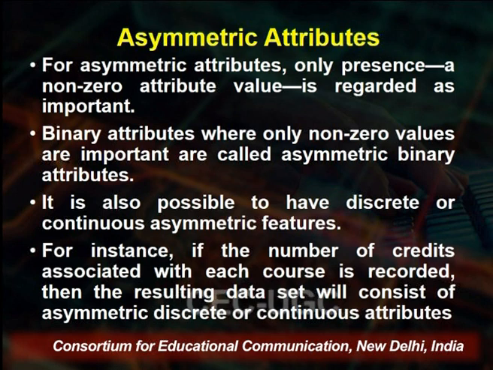When we have binary attributes with only 0s and 1s, we are only looking at the non-zero values in the case of asymmetric binary attributes. Asymmetric attributes could be discrete or continuous. For example, if we record the number of credits associated with each course, the resulting data will consist of asymmetric discrete or continuous attributes.